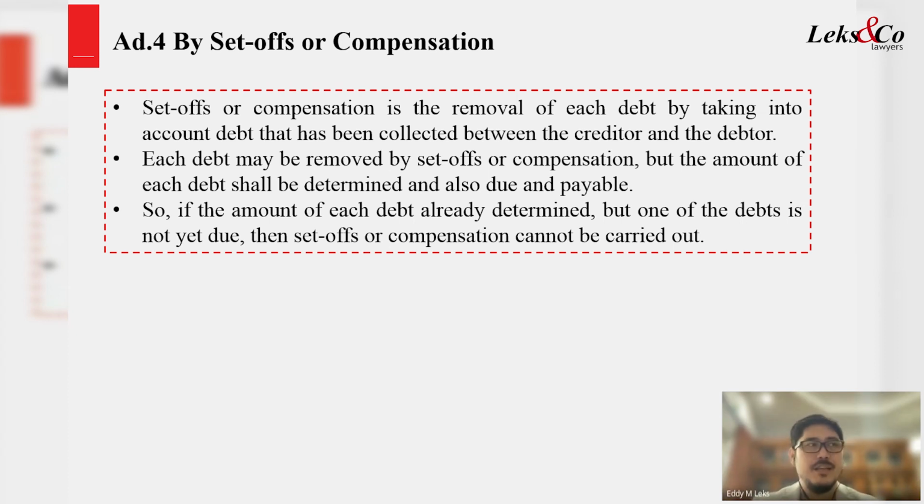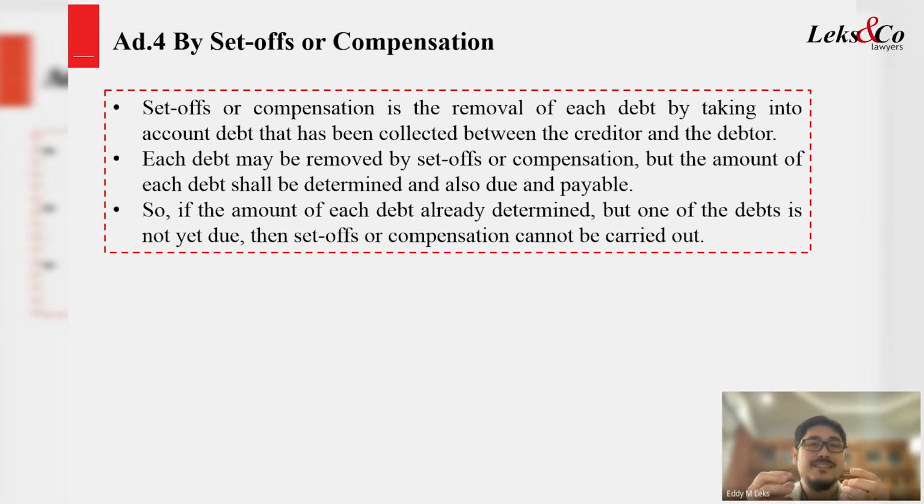Yeah, let's say that I have to pay 100 to you. Yeah, so you are entitled to 100. I have an obligation to pay 100. But on the other hand, you also have to pay me 150, right? So I am entitled to receive 150 from you, right? So that is the relationship. Now, 100 and 150.